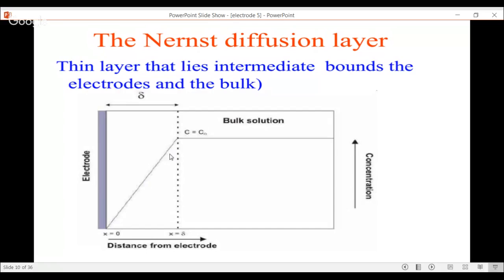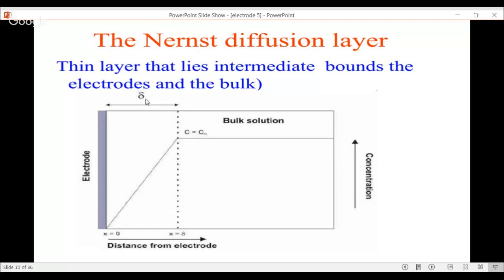So the concentration at the electrode is 0, and at the bulk it is C0. Therefore, in the intermediate distance from the electrode to the bulk of the solution, it varies linearly like this.